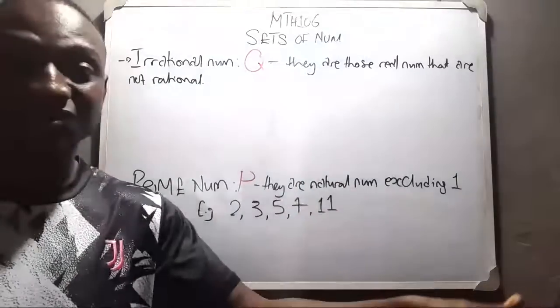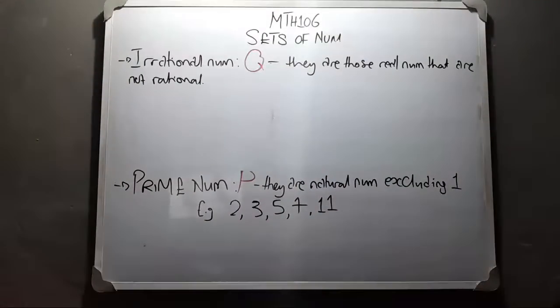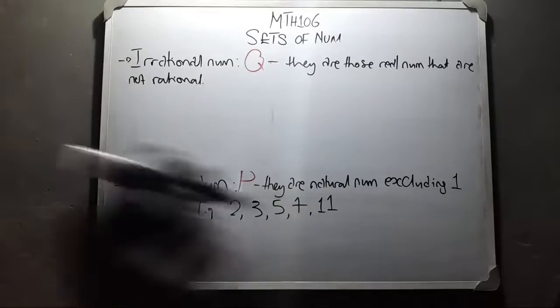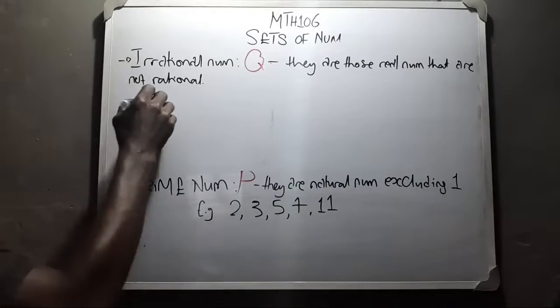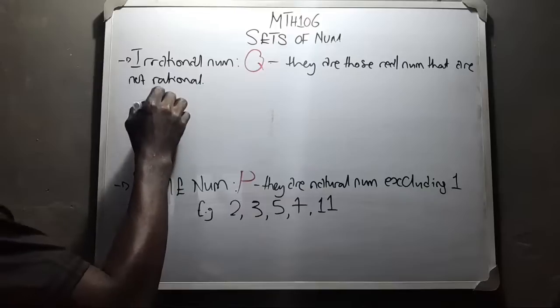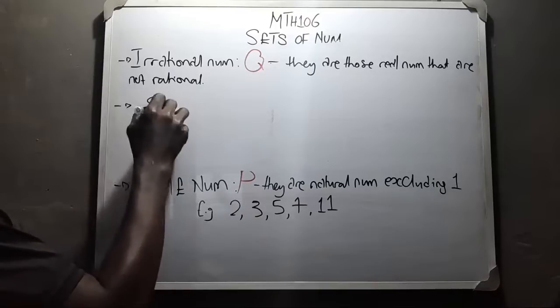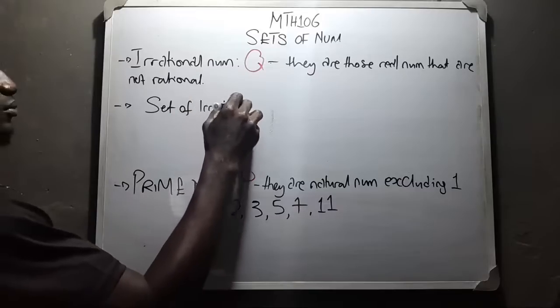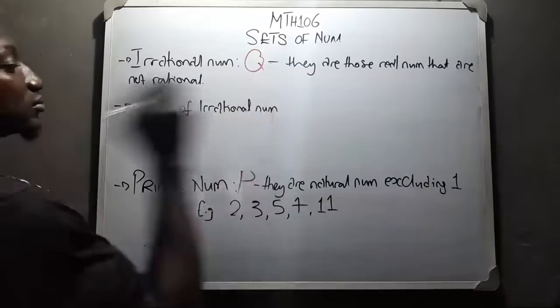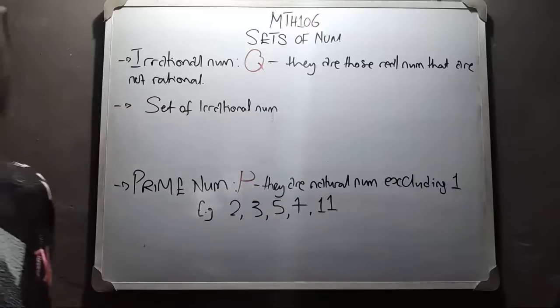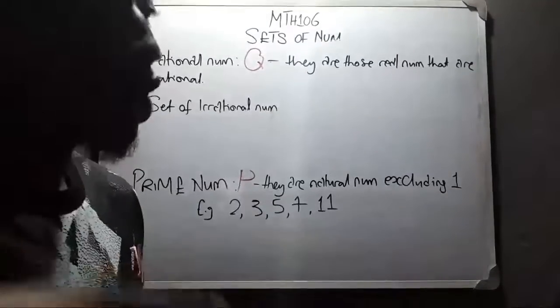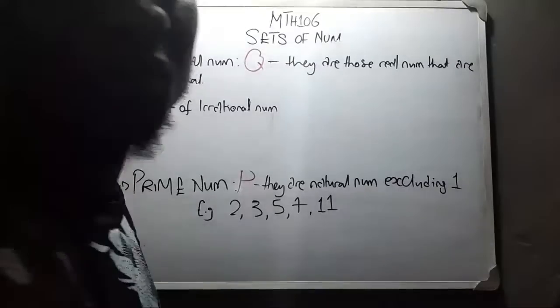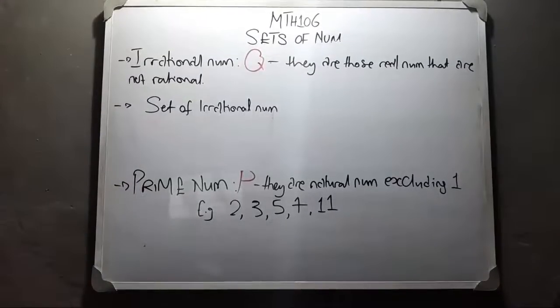Here they are telling us that the set of irrational numbers is the complement of the set of rational numbers. I'm waiting for a response. When we say A complements B, what are we talking about in set theory?